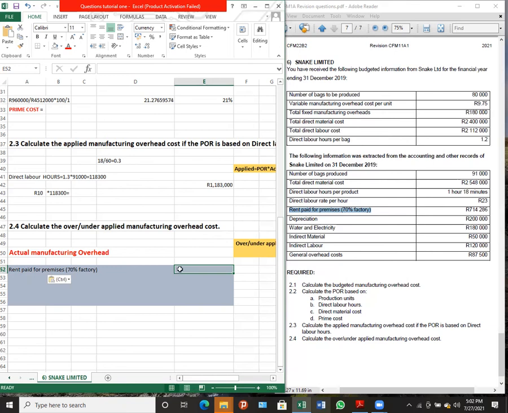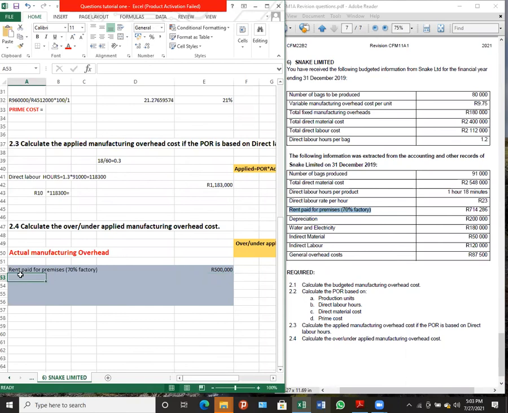Ne? Here, what are you going to do, guys? We are going to take 714,286 times 70%. You know what? This amount is the rent for factory, ne?